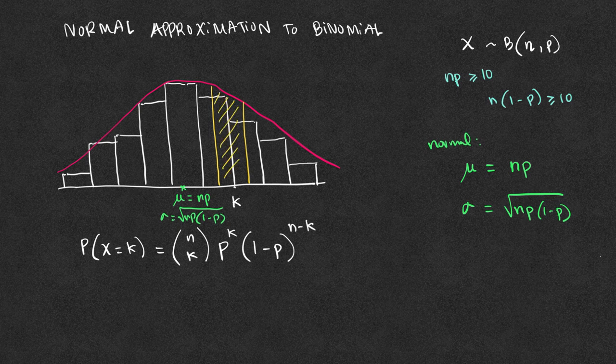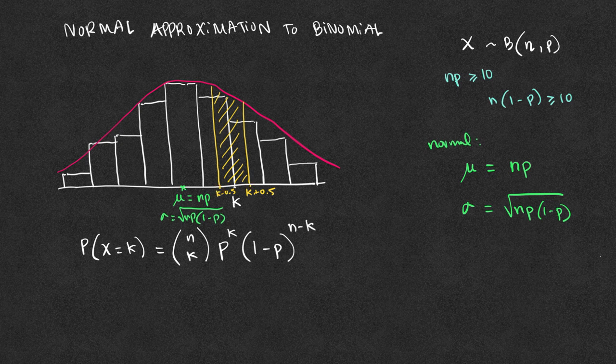This bar represents one single k. This value is k plus 0.5, and this is k minus 0.5. So for example, if k is 10, then this is 9.5 and this is 10.5.